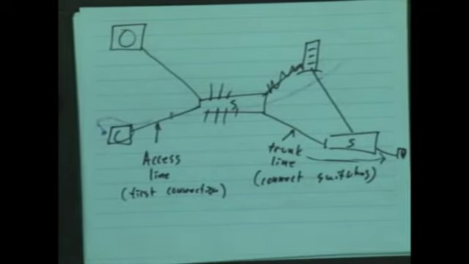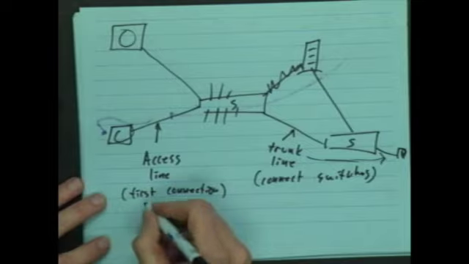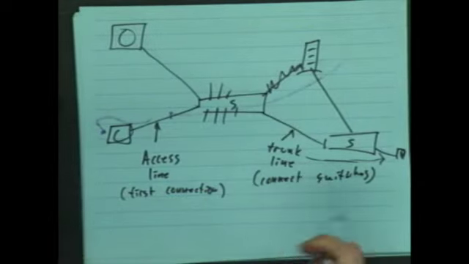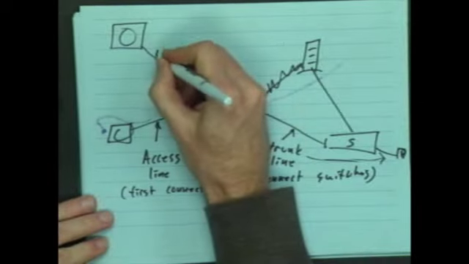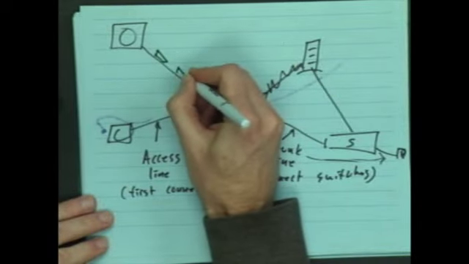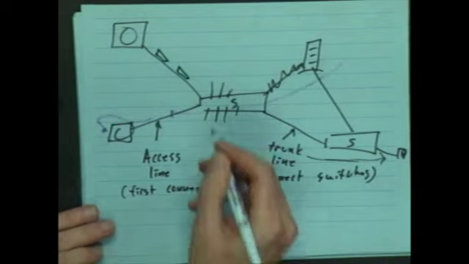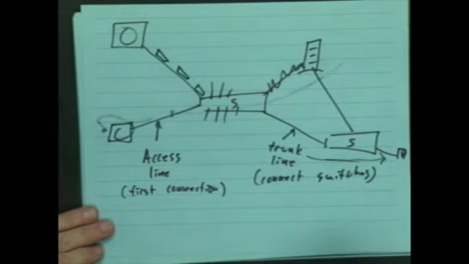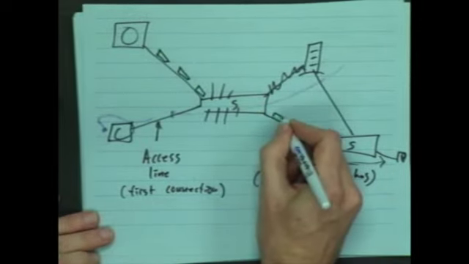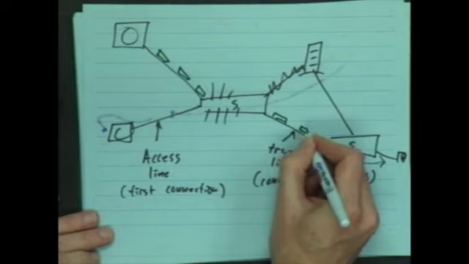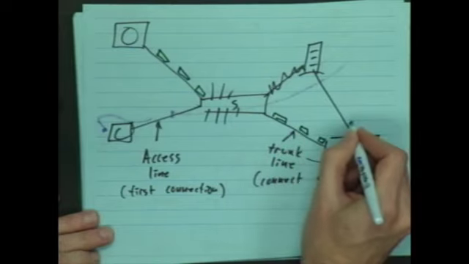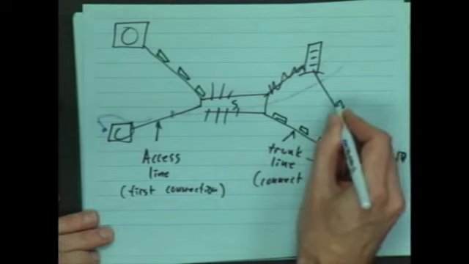Okay. So an access line, again, this is your first connection. This one is not shared. So if I have something to send, I'm going to send my lovely messages along. Those are great messages. They need to go down into here, and then they need to come out up here.